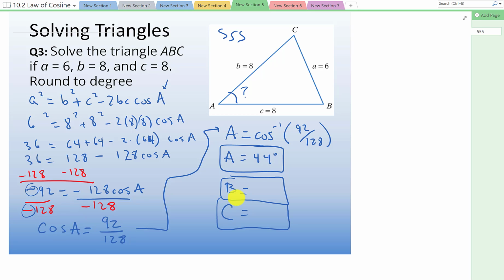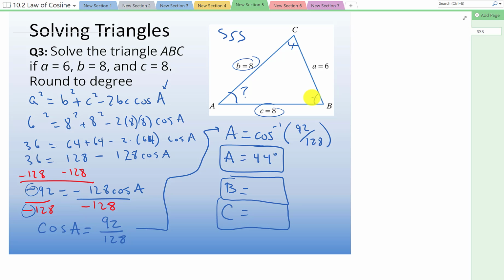The two sides, B and C, are both 8. That makes this shape an isosceles triangle. And so if B is 8 and C is 8, that means angle C has to equal angle B. That's a law in geometry.